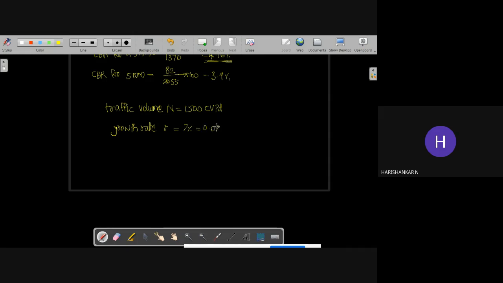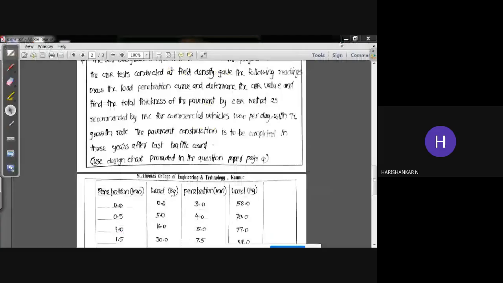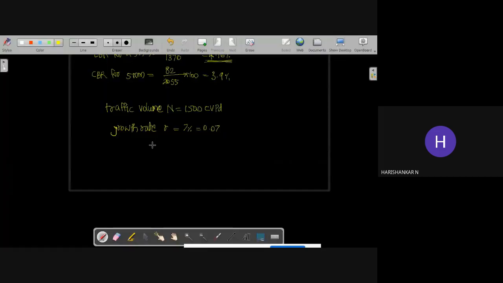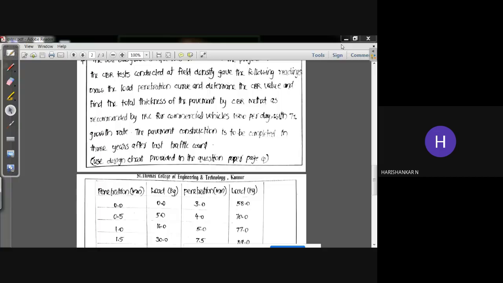And 3 years after last traffic count. So you can take it. In the question paper, you are provided with the design chart.